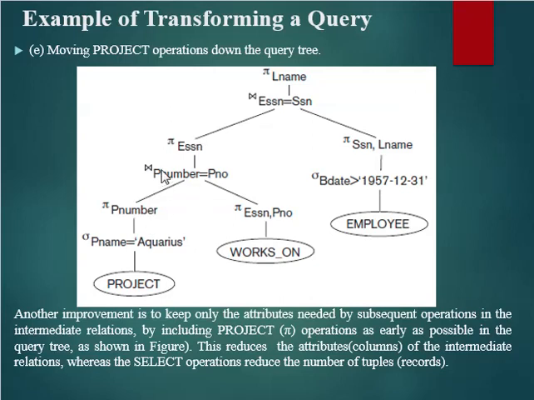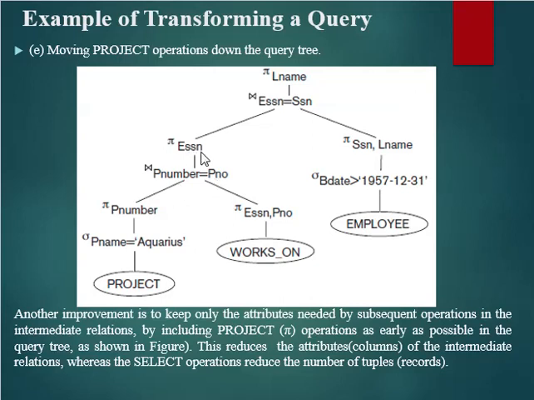And here also, after doing this join operation, we won't require P number, and here P number and PNO are both present. So at this point we have 3 attributes: P number, ESSN and PNO. In order to remove those attributes, we can apply a project ESSN here, because P number and PNO are not required from this point.